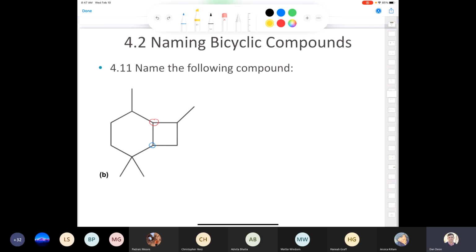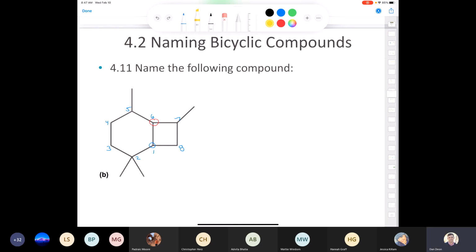So we start on the carbon in blue. What's the first rule? We go through the longest bridge. So we have 1, 2, 3, 4, 5. What's the next longest bridge? We got 6, 7, 8, and there is no other bridge, right? There's nothing doing this or anything like that. So the last bridge has actually no carbons, right?